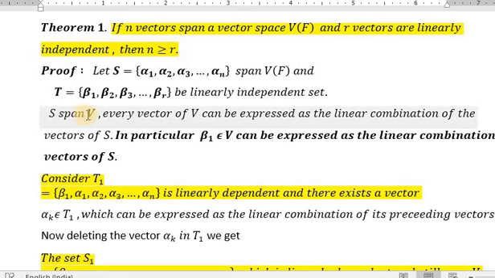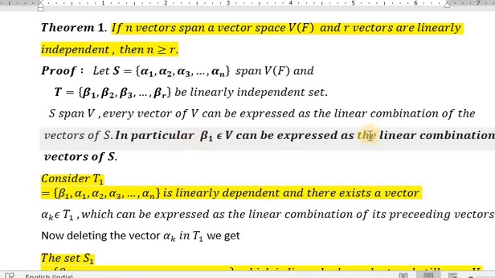And if S spans V, then every vector of V can be expressed as a linear combination of vectors of S. So in particular, let us take beta 1 belongs to V.